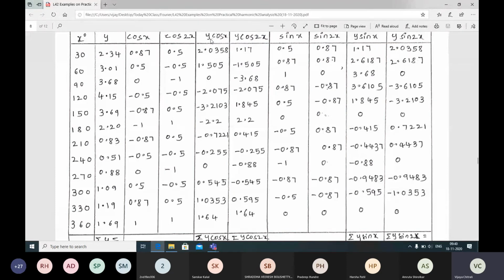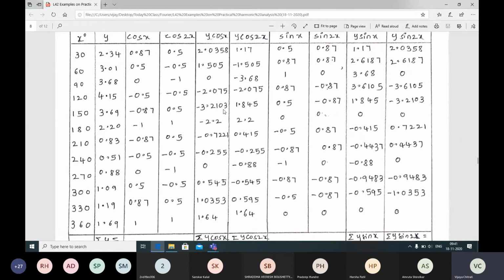Now we want y cos x. The y values are here and the cos x values are here. So multiply: 2.34 into 0.87 is 1.17, 3.01 into 0.5 is 1.505, 3.68 into 0 is 0, 4.15 into minus 0.5 is minus 2.075, 3.69 into minus 0.87 is minus 3.210.